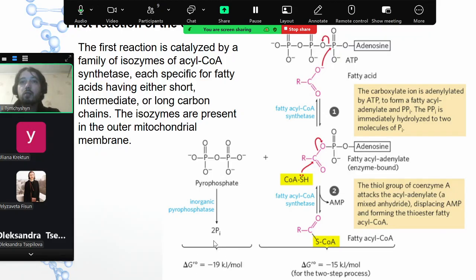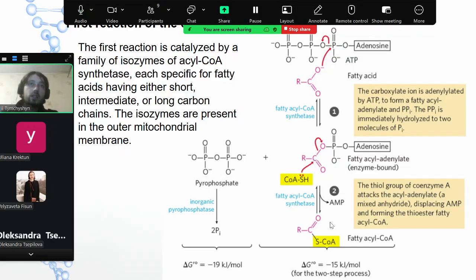Here are some free energies for different reactions. But let's consider them one by one. Here we see the fatty acyl adenylate, and here you see coenzyme A. Coenzyme A has an SH group, and the non-bonding electron pair on the sulfur may attack the carbon atom.